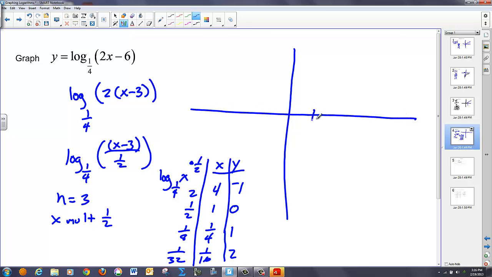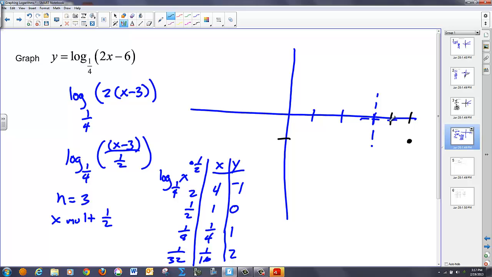I'm going to go over 1, 2, and 3. And I'm going to put a crosshash right there. So my new origin is at basically 3 and 0, and what I'm going to do is I'll move over 2, and in this case I'll go down 1.